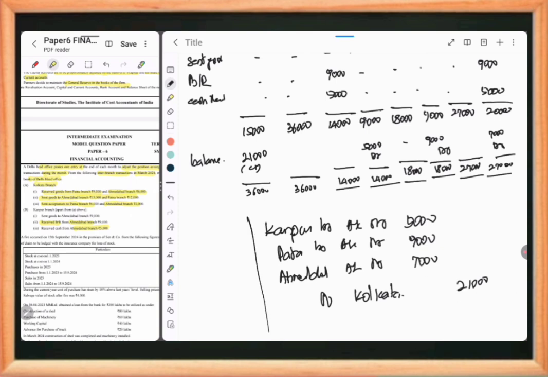So this entry is to be passed in the head office books. So it will be automatically adjusted. So this question is also over.